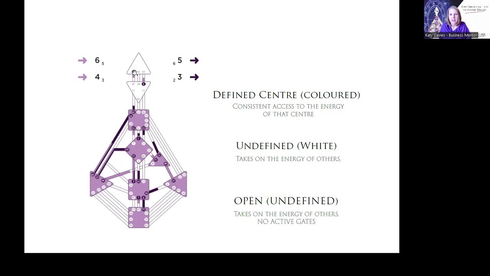If we have gates that are in the undefined centers, it means they're not always going to be switched on in the same way. The energy of those gates will come and go as we need them. Like we'll tap into them when we need them, and they're not as consistent a part of our own energy.